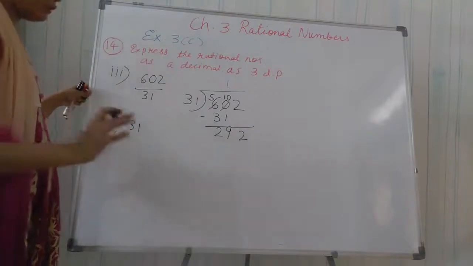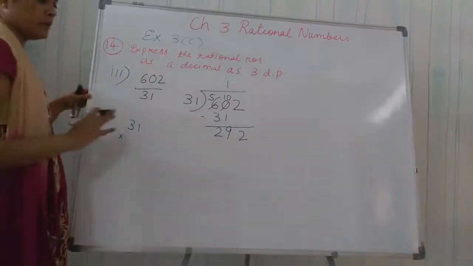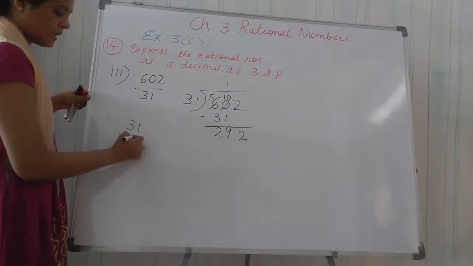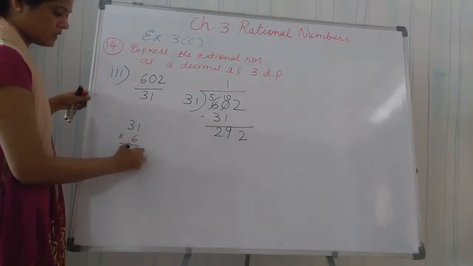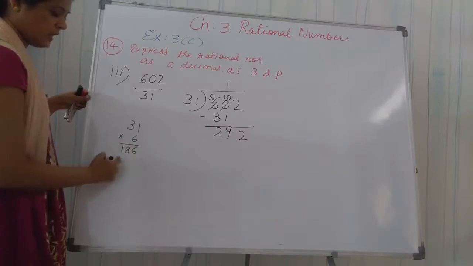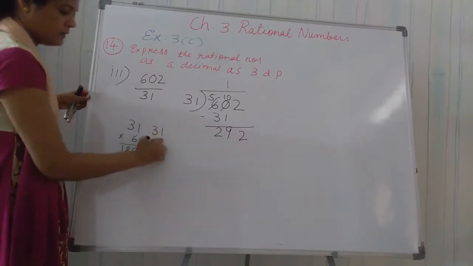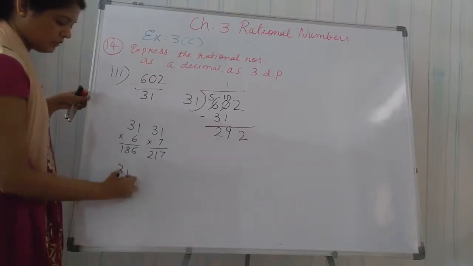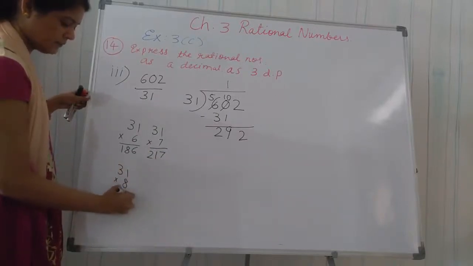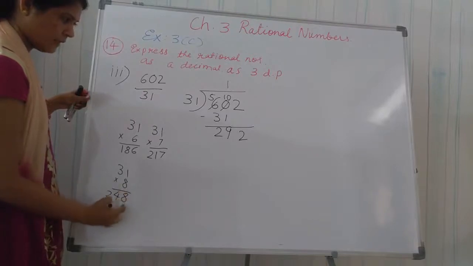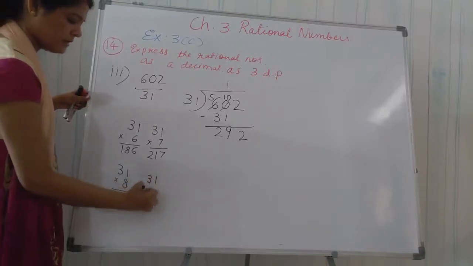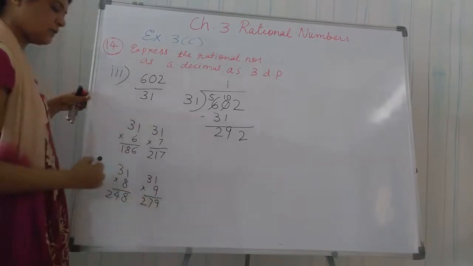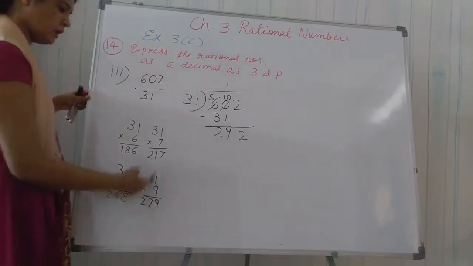It will be better for you, you write 31's whole table so that you can put your number here correctly. So I am taking suppose 6. So 6 ones are 6, 6 threes are 18, 186. Then 31 sevens are 217. 31 eights is 248 and 31 nines is 279.